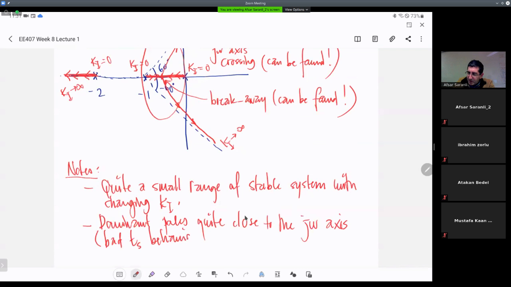right? If your dominant poles are very close to the j omega axis, that means you have a slow exponential. That means your settling time will be very large. And if you keep increasing Ki, suddenly the system will become unstable. Okay? So you will have a slow settling time, but then oscillations will start increasing and then the system will become unstable.